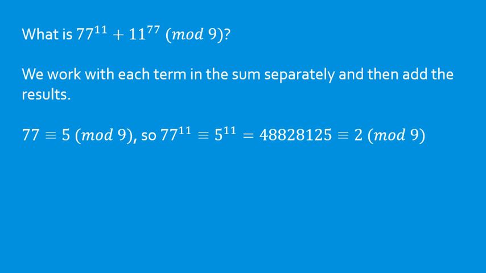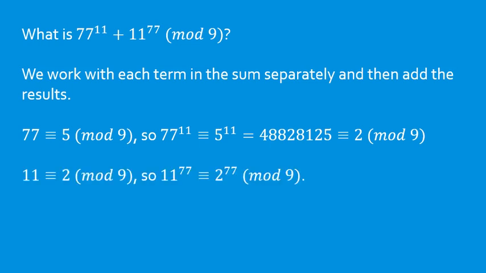So this was the first term in our sum. Now we work with the second term. 11 is congruent to 2 mod 9, pretty basic. So we have 11 to the 77th is congruent to 2 to the 77th mod 9. I want to now find a nice low power for 2, such that this power is a factor of 77, and hopefully taking 2 and raising it to that power, and then taking that number mod 9 gives me a pretty small quantity.